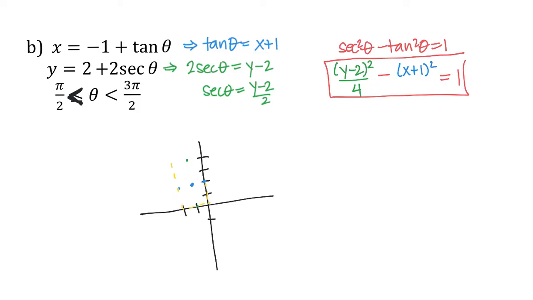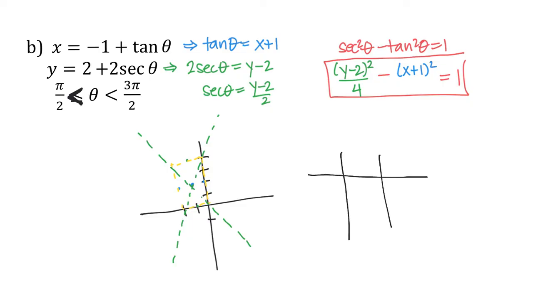I'm going to get ready to graph it though, so that once I figure out the missing information, I can just draw it. Okay, and this is going to open in the y direction, so because of this restriction, it's most likely going to be either up here or down here, but not both because it's not going all the way from 0 to 2 pi. So I'm going to make a table with the extra parameter theta to help me figure out the direction.